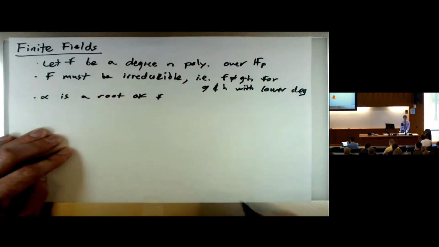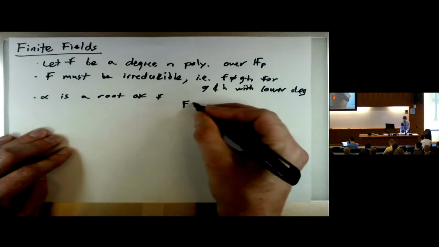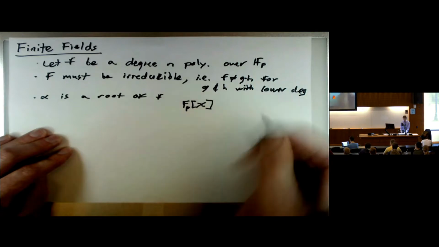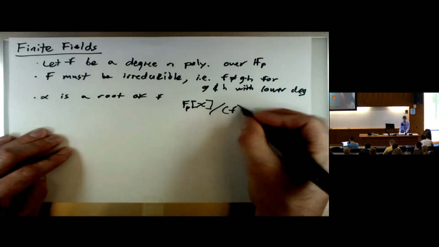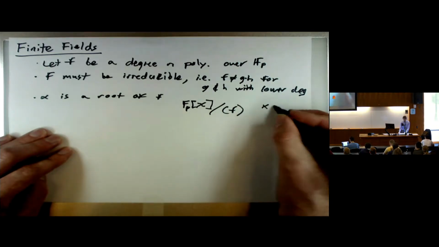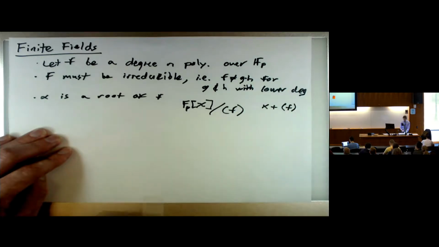The formal construction of this is, of course, Kronecker's theorem, by which I mean you take a polynomial ring over Fp, you take the quotient by the ideal generated by f, and this equivalence class in your quotient is basically alpha.